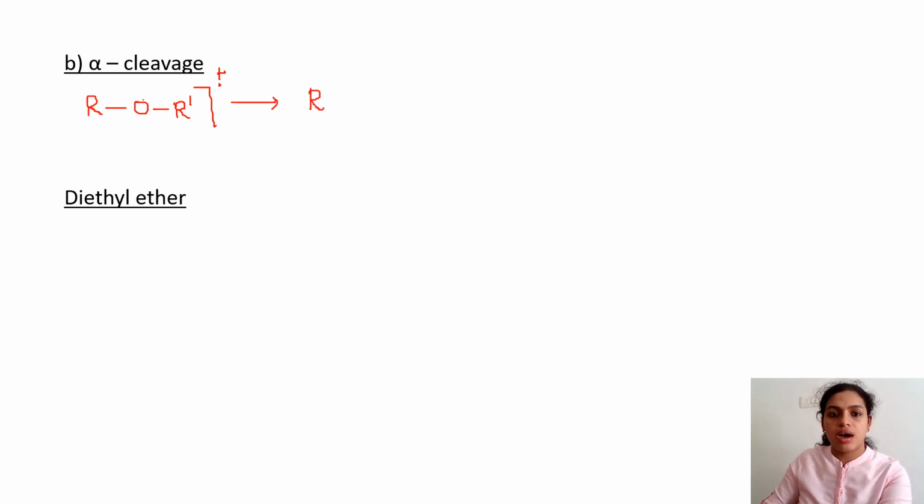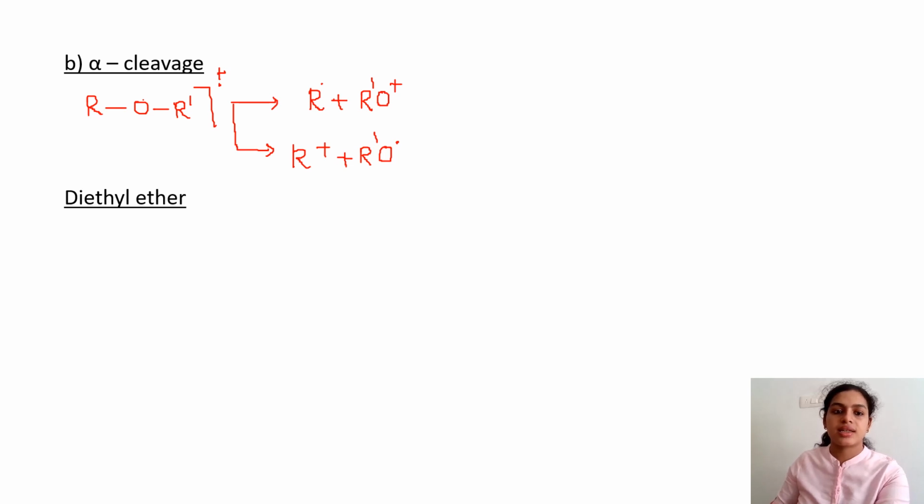One is R dot and O R dash plus, or the second way is R plus and O R dash dot. So it could be cleaved such that one gets the positive part. There will be 2 fragments. One will get the radical part and the other will get the positive part. So there are 2 possibilities.